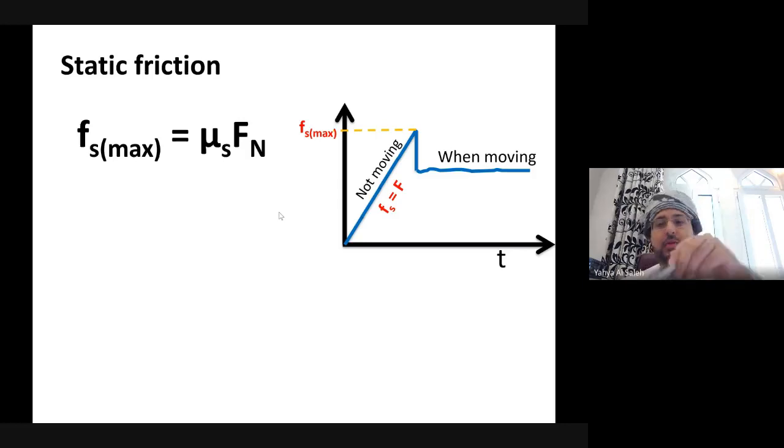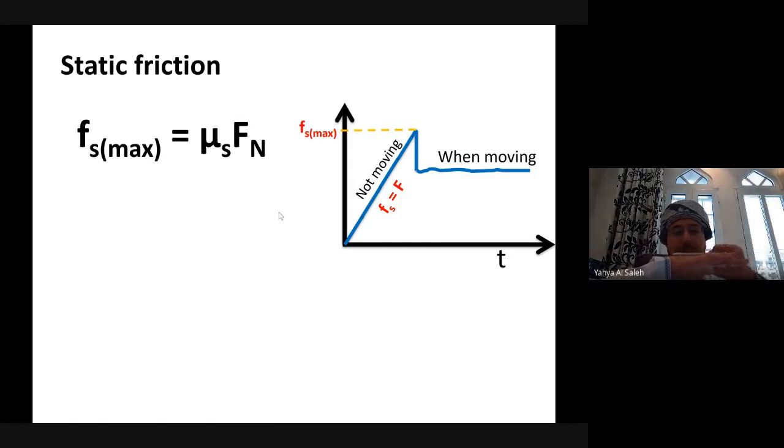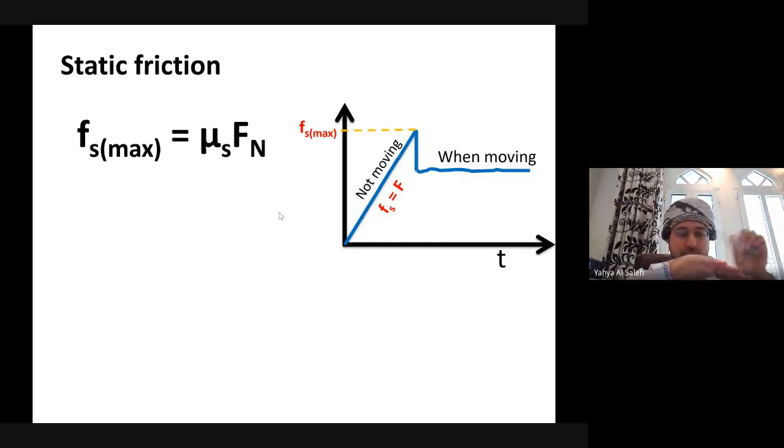Remember that diagram I told you we'll come back to? Well, we're back. When an object is just here and not moving, it has enough time for those bumpy microscopic things to get attached to each other. So its friction is actually slightly more than when it's moving.